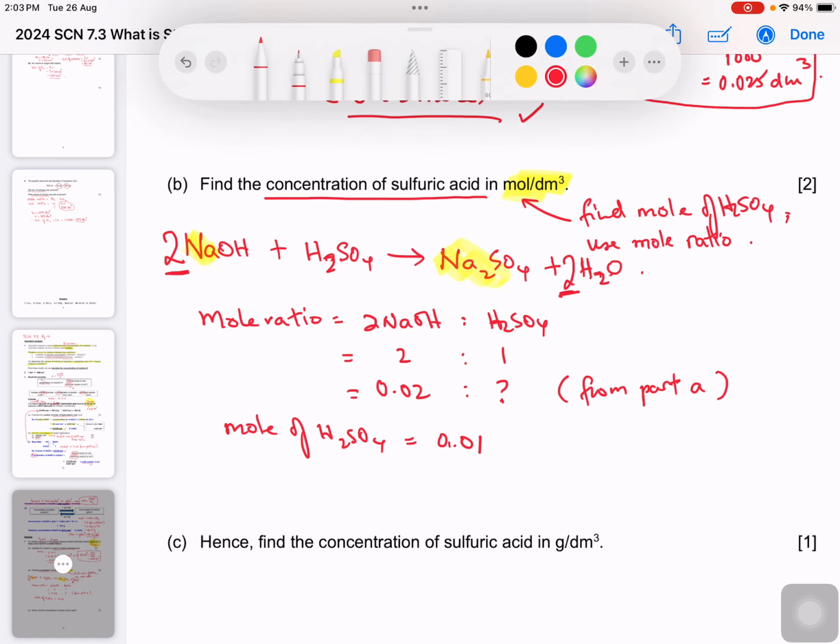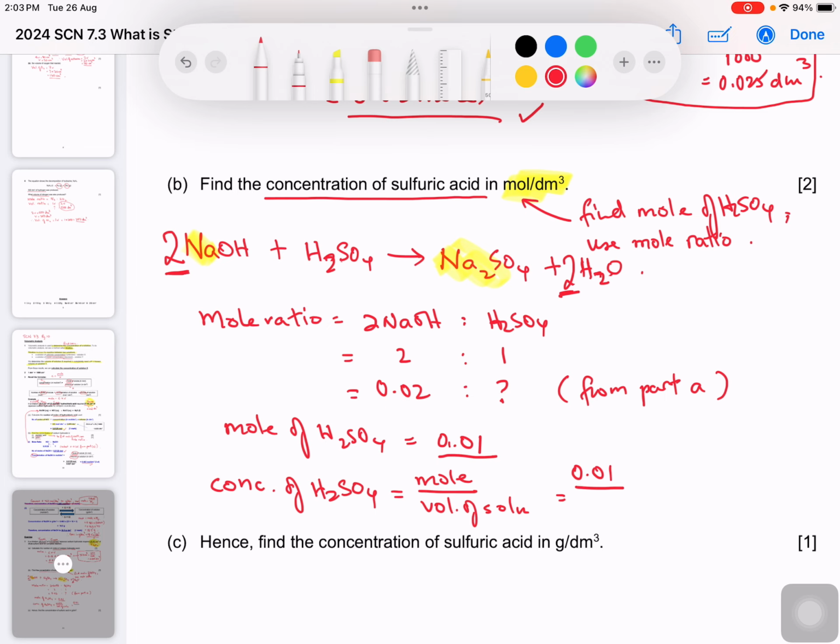Okay, so we have found the mole of H2SO4, but that's not the answer. The answer is concentration, correct? So what is the formula for concentration? Concentration of H2SO4 is equal to mole over volume of solution. Mole we already know is 0.01. What is the volume of solution?